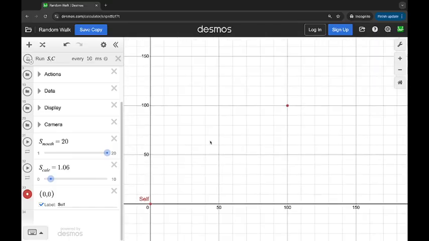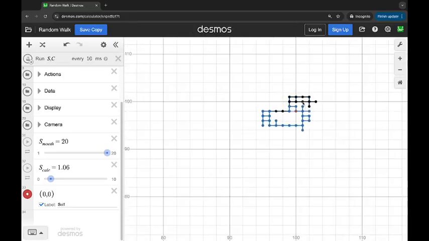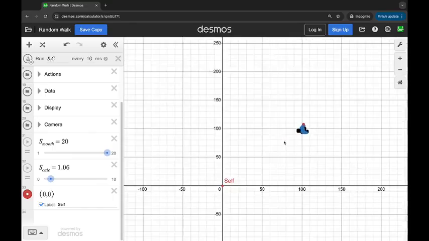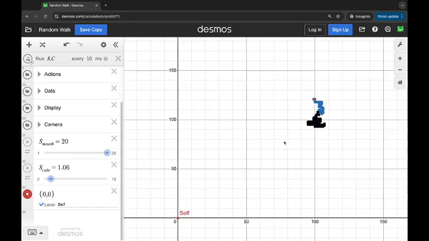And so this dot randomly walks up, down, left, or right by 1 unit. And if you run it, the blue is the most recent path, and then the black is everywhere he's been to. As you can see, it's gonna take a while to reach here.